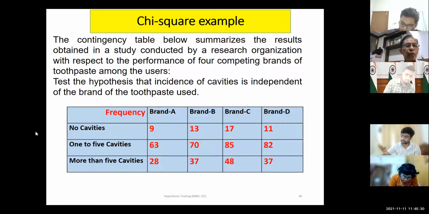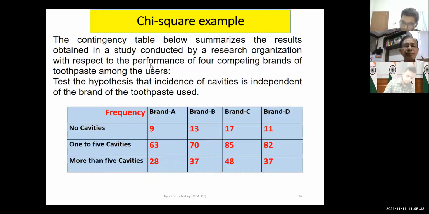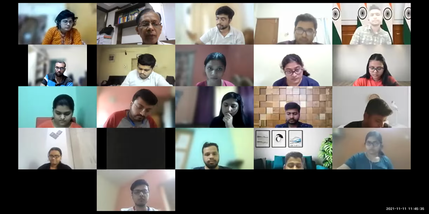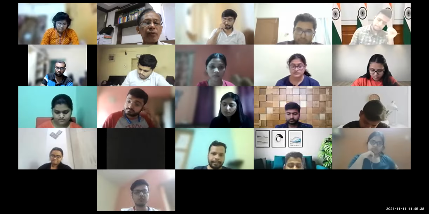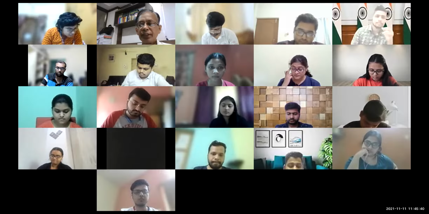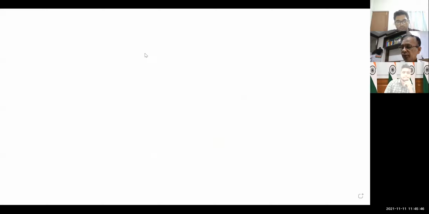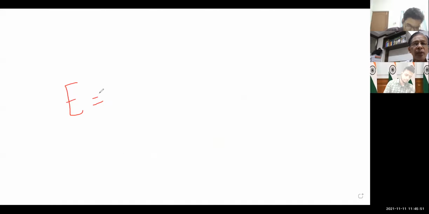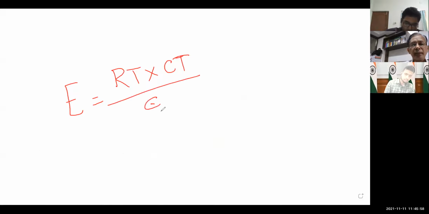Now, how do we find the E value? The E value is found by using a very small, simple formula. All of you just write it down. I think it's self-explanatory. E stands for expected value. You just multiply row total with column total, all divided by grand total. RT stands for row total, CT stands for column total, GT stands for grand total.